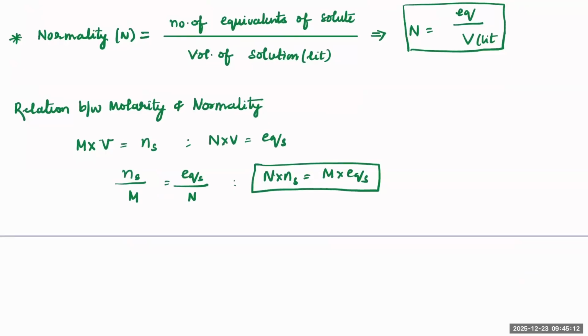Clear? Now, how do we define these equivalents? That is more important for us. Okay, let us understand and define the equivalents. Equivalence is a term which is very similar to the number of moles. The way we write the number of moles, the same way we will write this.